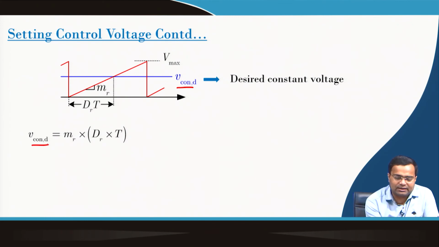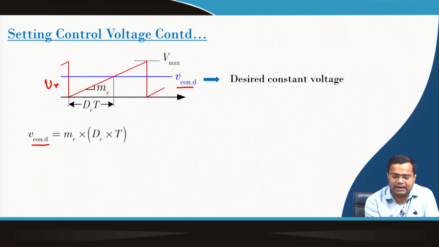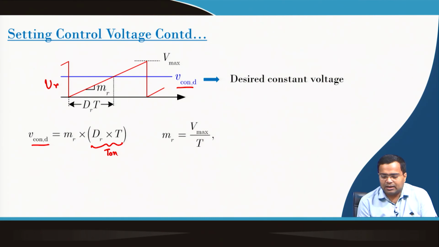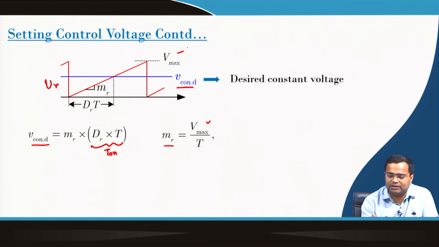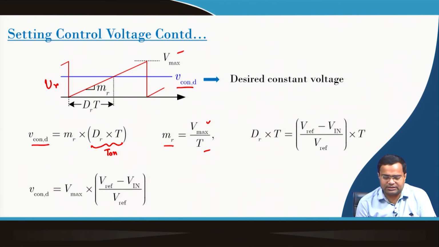So, V con D, if we know the slope MR, that is the ramp slope, this is my ramp signal, then I can multiply this ramp slope into this desired on time. For a given maximum value and given T, I can find out the ramp slope, and I can get from this equation Dr into T, all this I know.